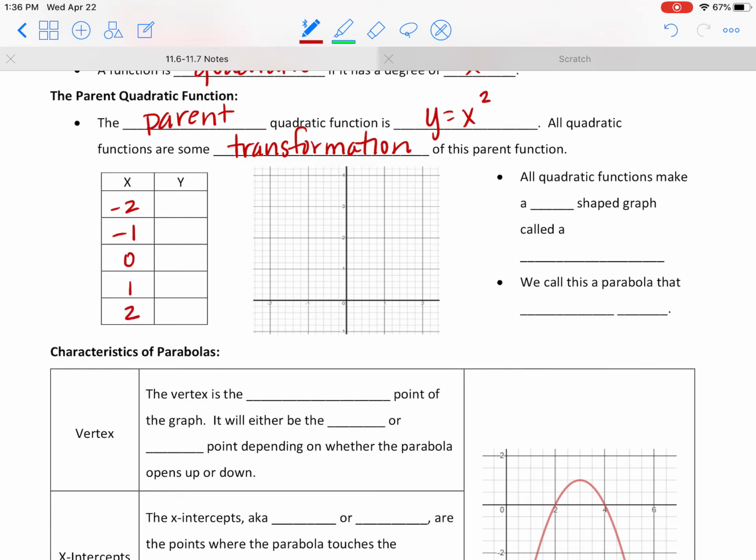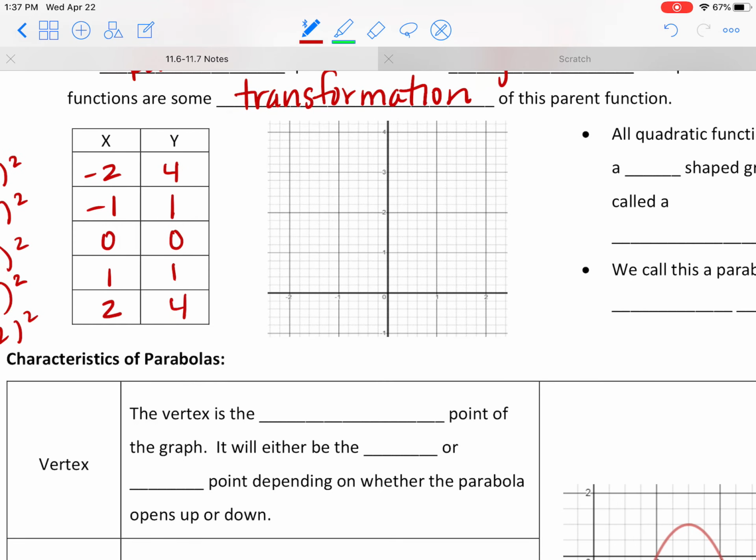Okay, so we looked very briefly at graphing in chapter 7. We said if we wanted to make a graph, we could just make a table of values, right? Where we pick maybe some negative numbers, 0, some positive numbers, like -2 to +2. We plug them in, and then we plot the points. So if I plug in -2 for x, -2 squared makes our y value 4. Plug in -1, -1 squared makes a +1 for our y value.